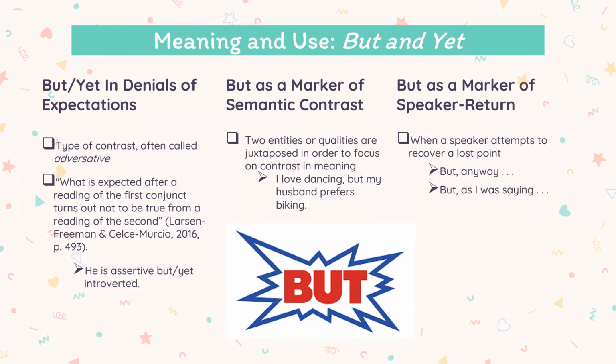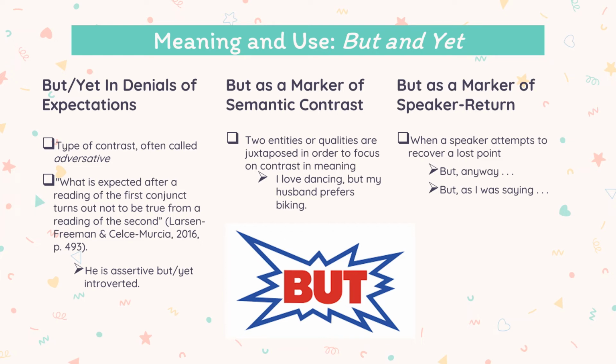Now moving on to meaning and use of the words but and yet. But / yet and denials of expectations. So this is the first kind of way to think about the meanings and use of but and yet. The type of contrast, often called adversative. This is a quote from the textbook.